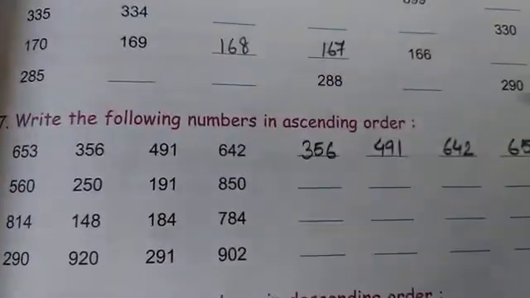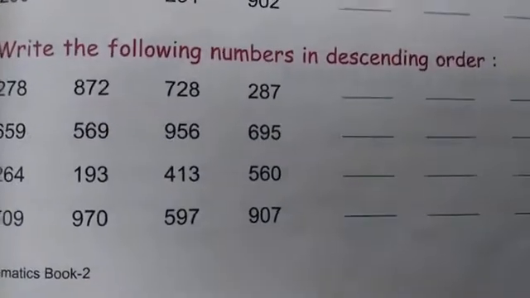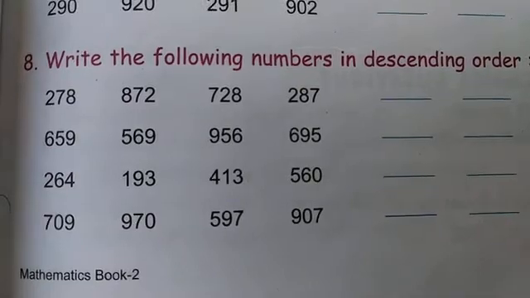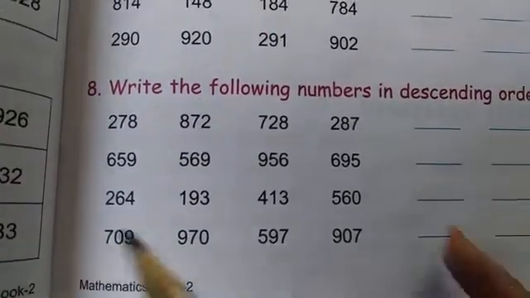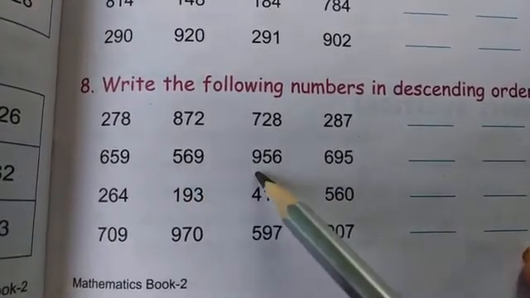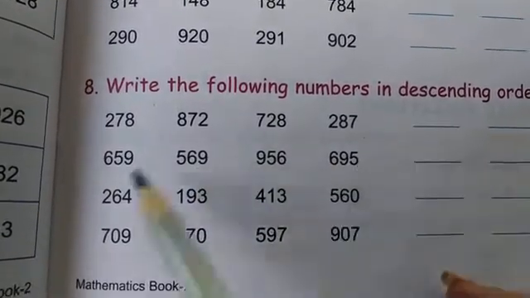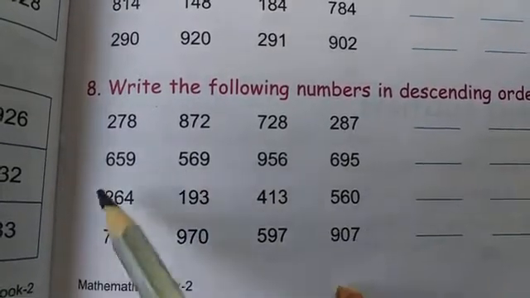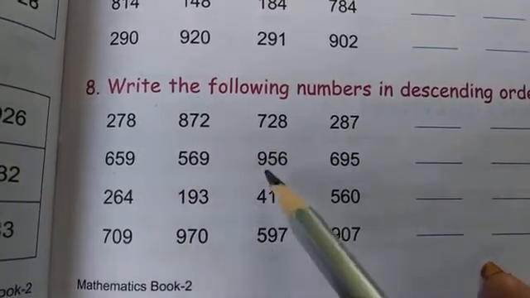Now write the following numbers in descending order. You have to write the numbers in decreasing order, that is descending order. Here the numbers 600, 569, 956, 695 and 659. First compare the hundreds digit. 5 is less than 6 and 5 is also less than 9 and 6 as well.